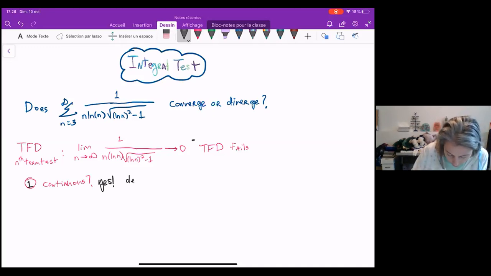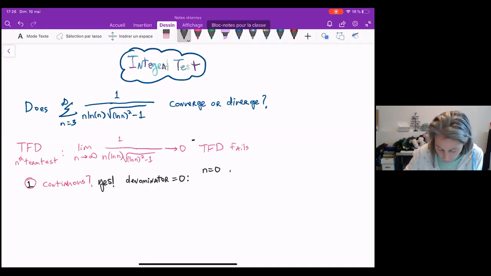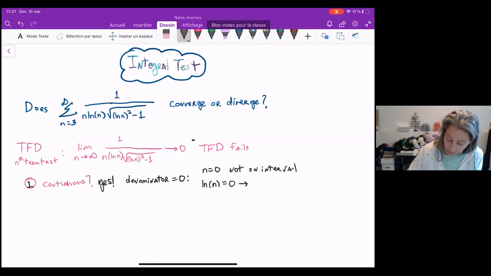The denominator equals 0 when n equals 0, which is not on the integral. It equals 0 when ln n is equal to 0. And this happens when n equals 1, which is also not on the integral.